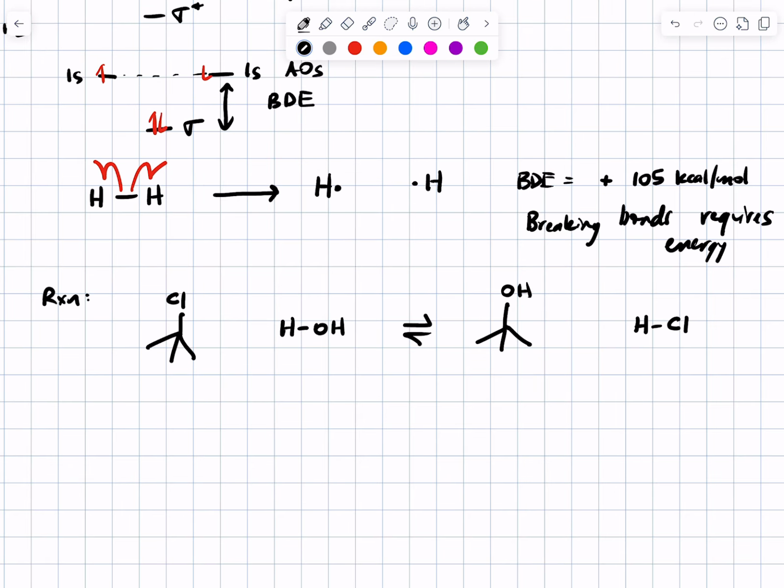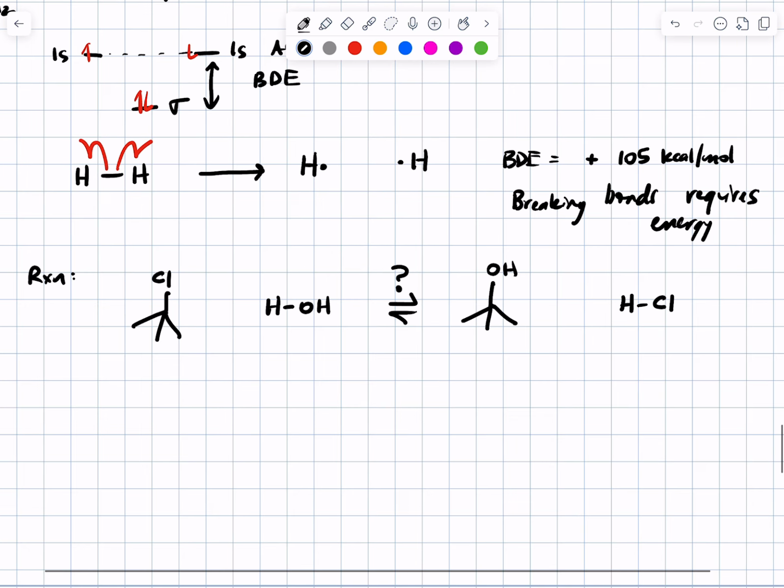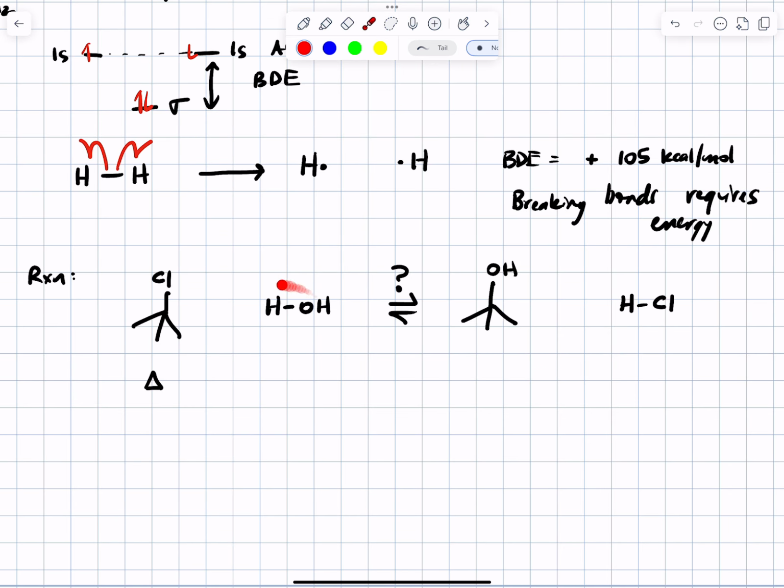So if we wanted to predict whether this reaction would be favorable or not, because we've got the same number of things over here as over here, we're going to make the assumption that delta S is pretty close to 0, and if that's true, we can judge how favorable the reaction is based on the change in enthalpy for a reaction.